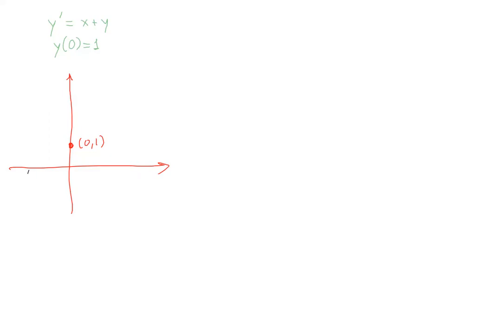And we know that the slope at 0 is going to be our x here, which is 0, plus the y, which is 1, which means that it's 1. So if we were to try to guess what our function looks like, we know that it goes through the point (0, 1), and it has slope 1.